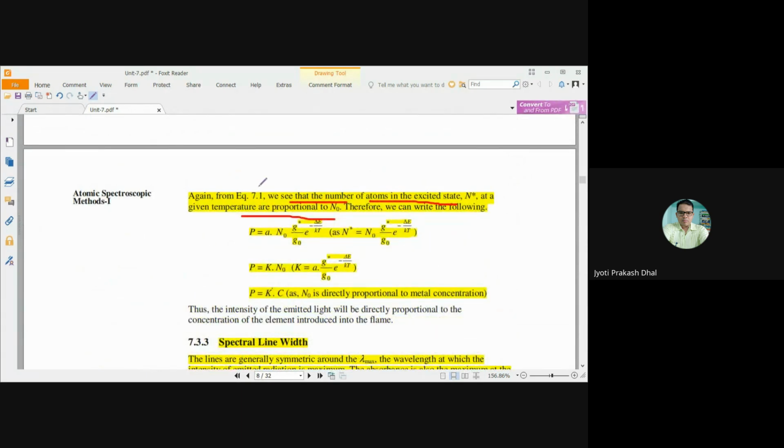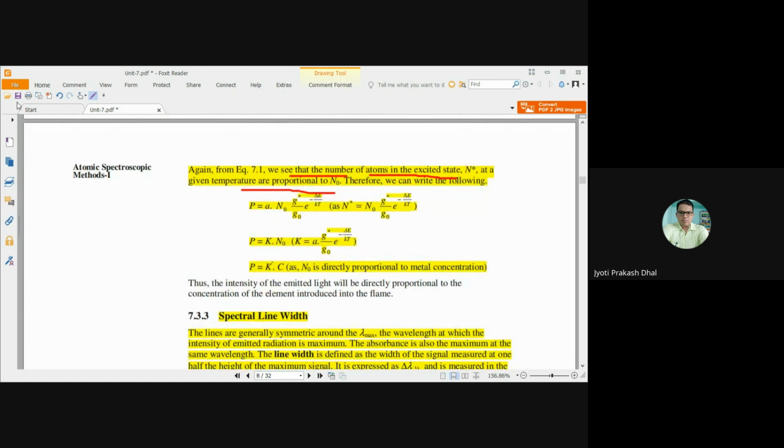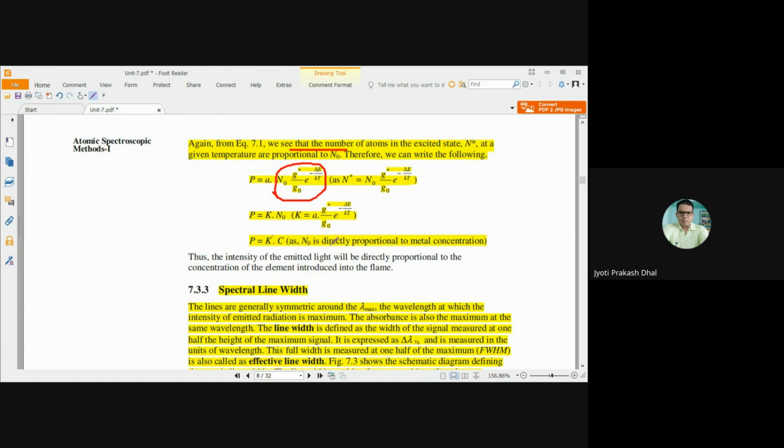So from equation 7.1, we see that the number of atoms present in the excited state, that is n star, at a particular temperature is proportional to n naught. Therefore, we can write P equals proportionality constant A into n star. By putting the value of n star, we can write P equals A into these values, and at a particular temperature, if the temperature is constant, this factor is also constant.